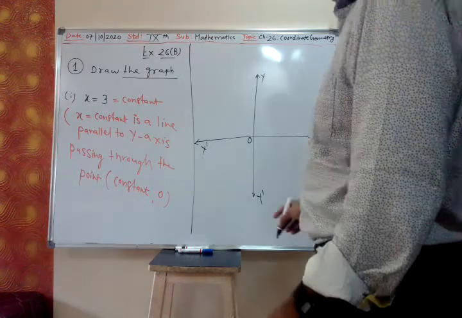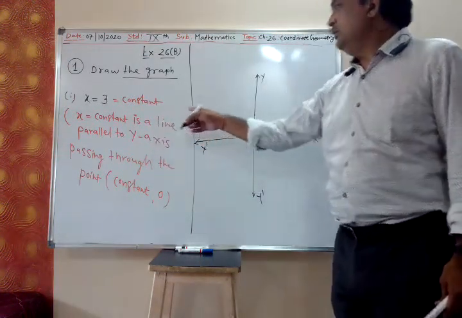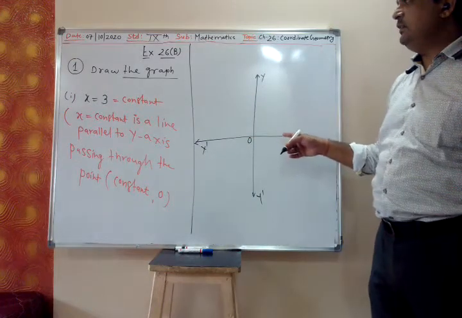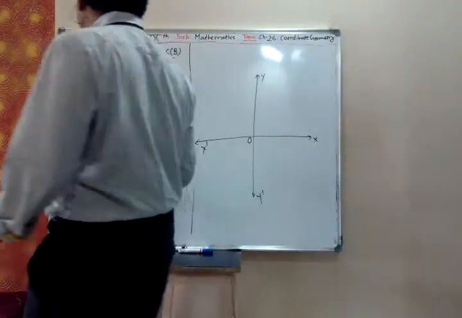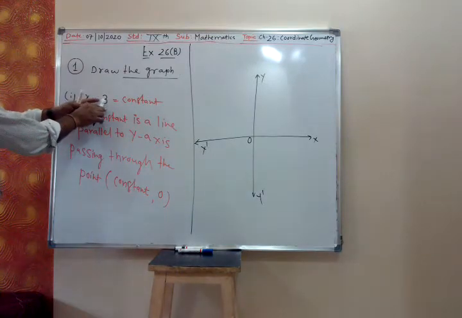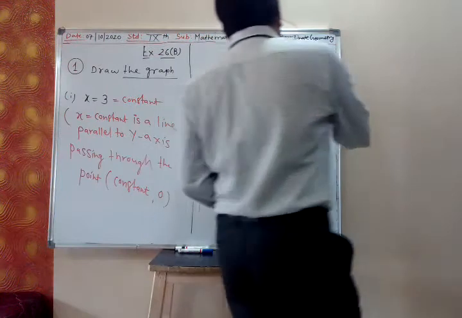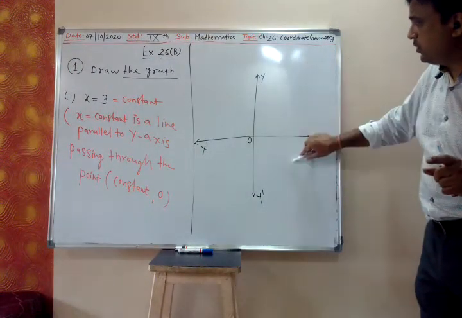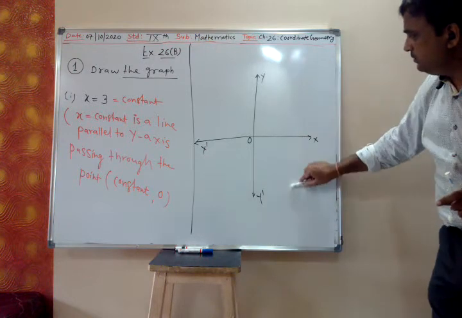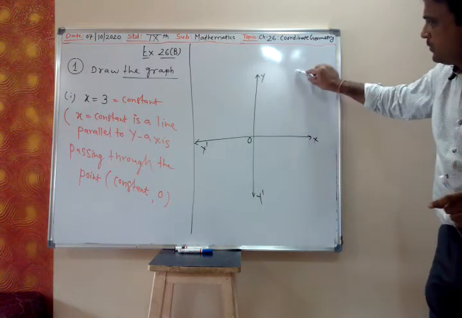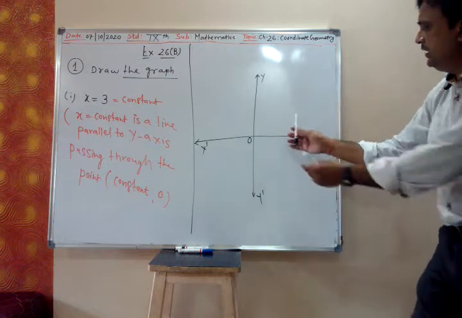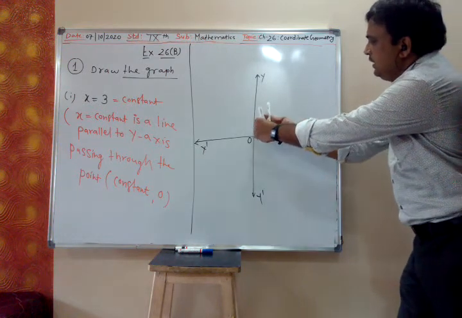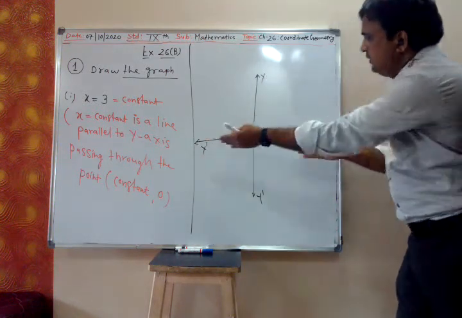What is the sign of 3? Sign of 3 is positive. So the graph of that line will be in the first and fourth quadrant, parallel to y-axis. Because x is positive, it will be on this side. When x is negative, it will be on this side.